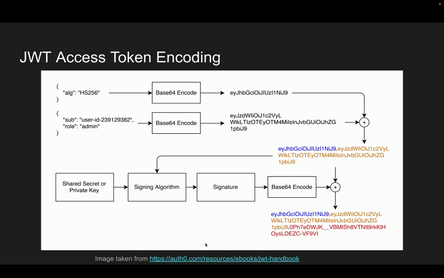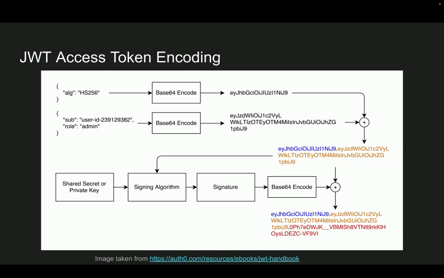This is a great book if you want to learn more about JWT. What we need to do is put all the information in a JSON string, and then we need to base64 encode that information. Here you can see we have two fields, subject and role, and we are base64 encoding it. After encoding it, we need to sign this with the private key.